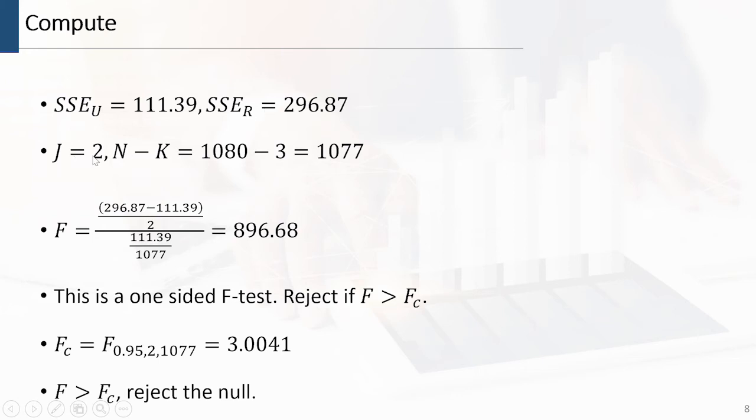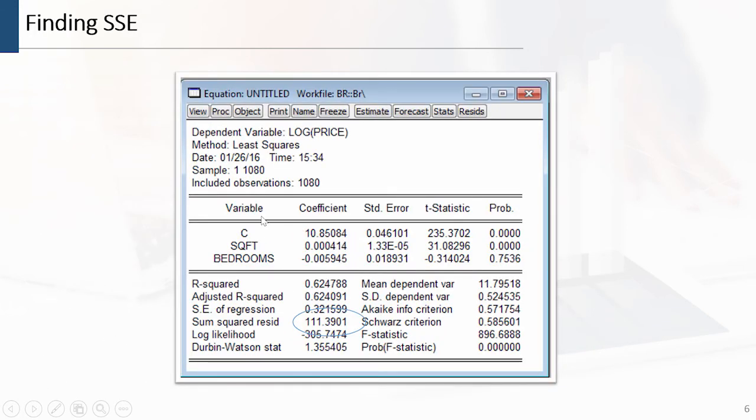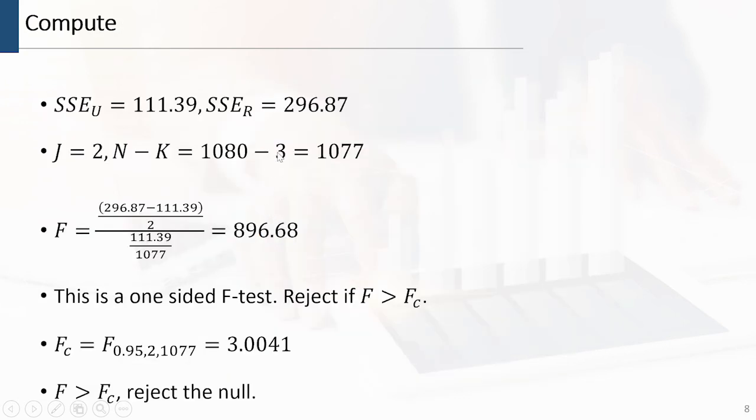The number of restrictions: beta 2 is equal to 0, beta 3 equal to 0, so 2 restrictions. N minus K: we know the sample size is 1080, and you have 3 parameters in the unrestricted model, so K will be equal to 3.